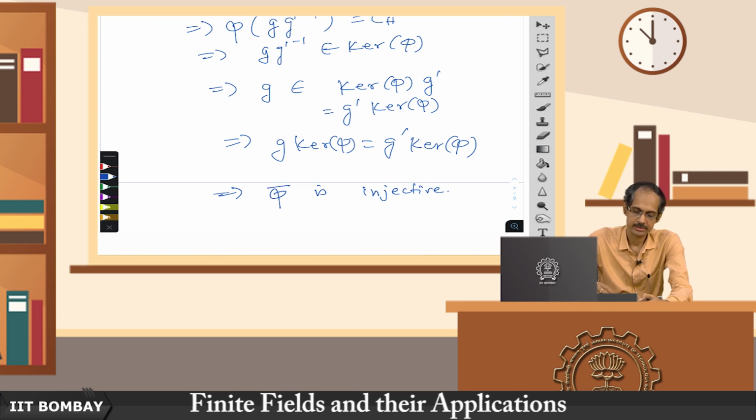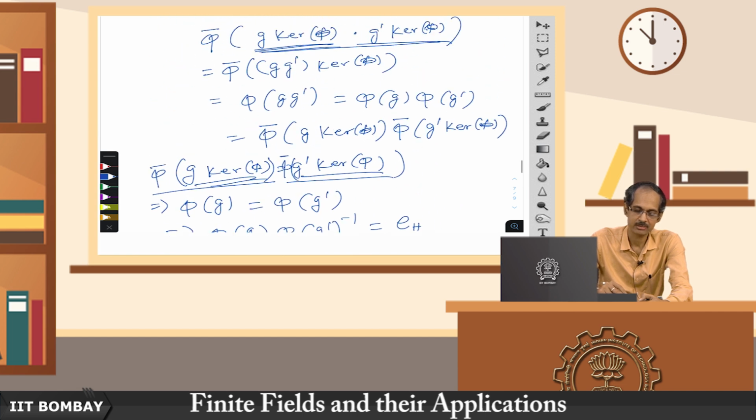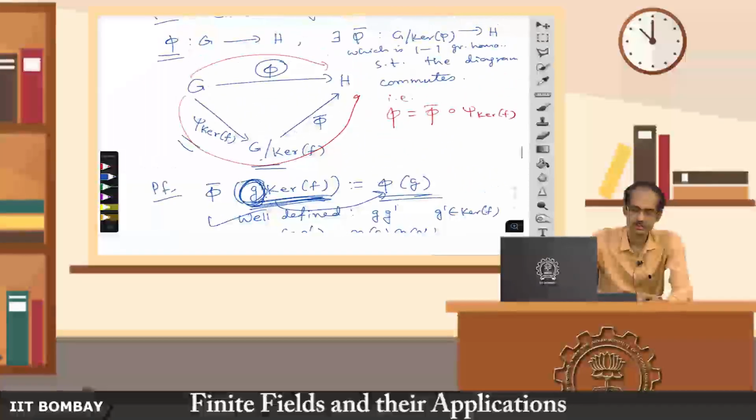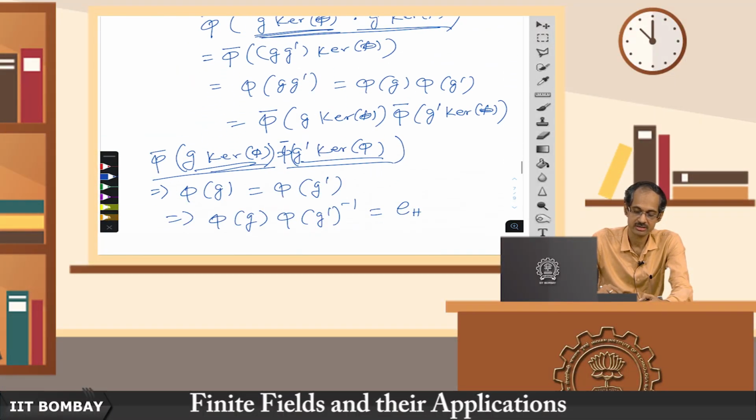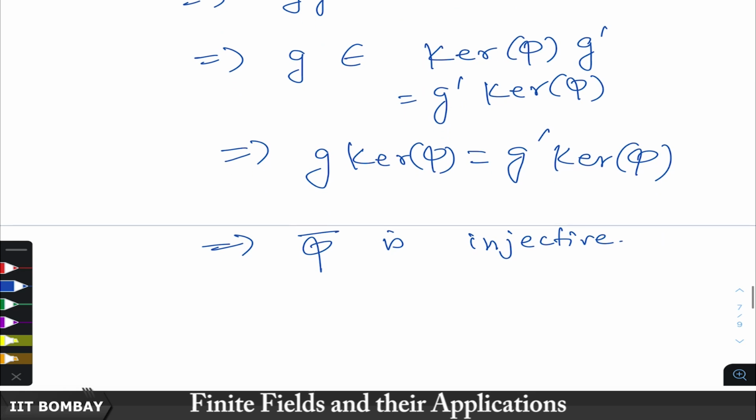Okay. And the fact that the diagram commutes, that is this composition relation holds, is clear. Let us see this side: phi bar of psi of g. We want to show that this is the same as phi of g.